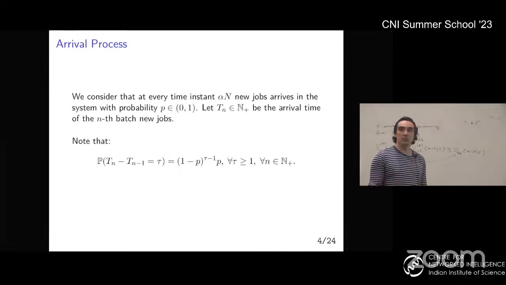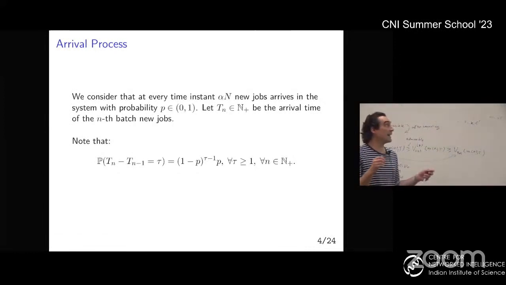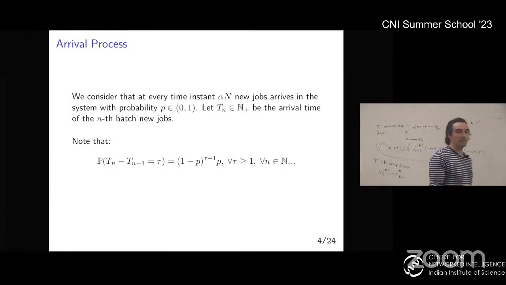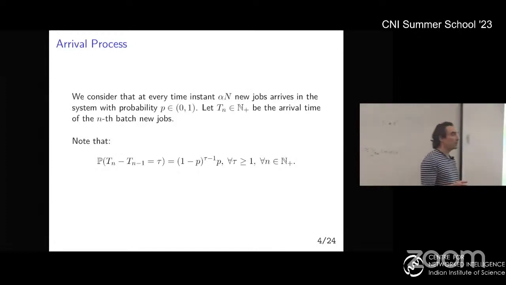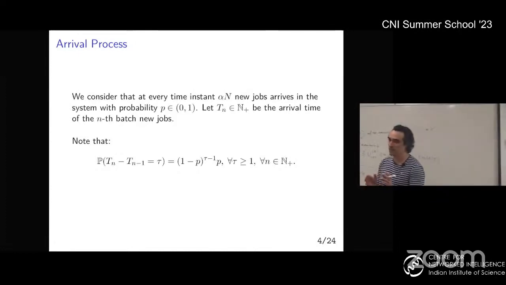And at every time instant, with probability P, if it's heads, then you have alpha n new jobs at that point. And with probability 1 minus P, nothing is happening in this time step. It means that there is no new arrival in this time step. And because we are just tossing a coin, the arrival process is independent and IID between arrivals.